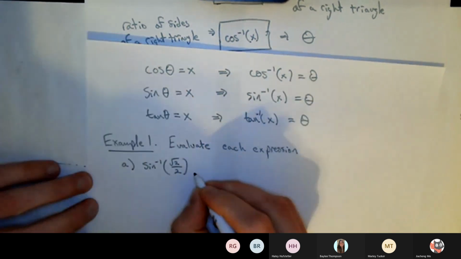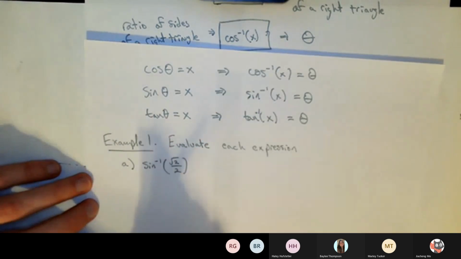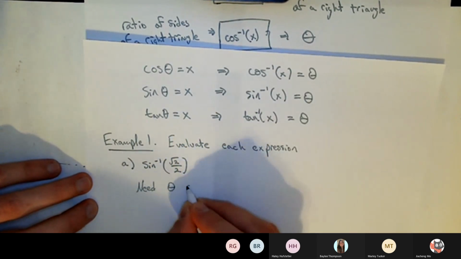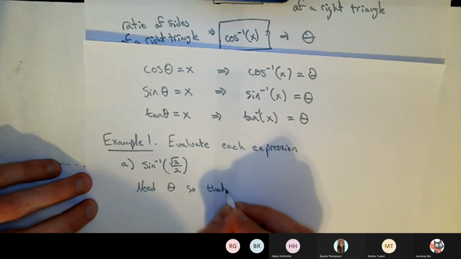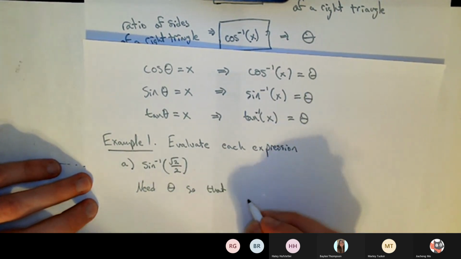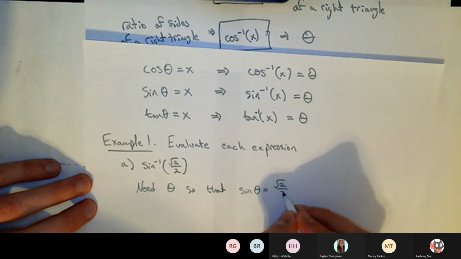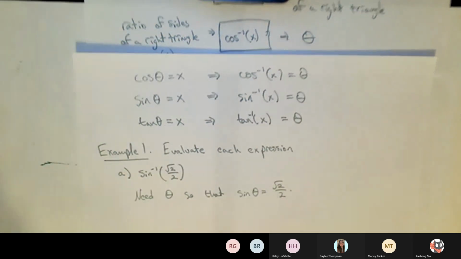We're looking for some angle, theta, because that's what we're looking for, so that sine of theta yields square root of 2 over 2. Do we remember what angle yields a ratio of sides like that? It's a special angle. Does anyone remember? Any guesses?